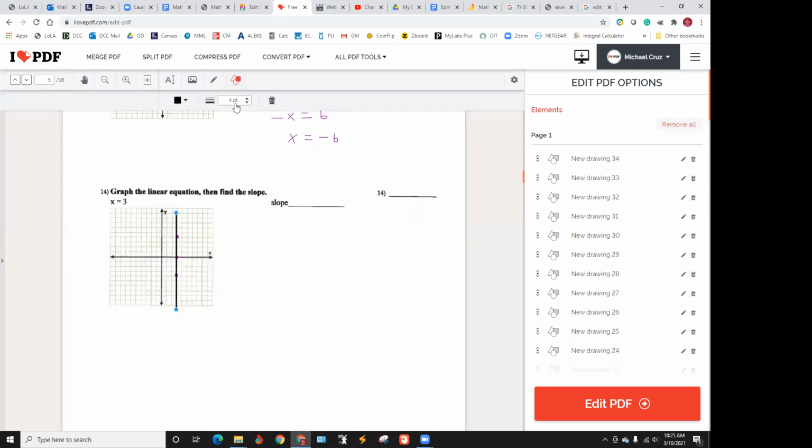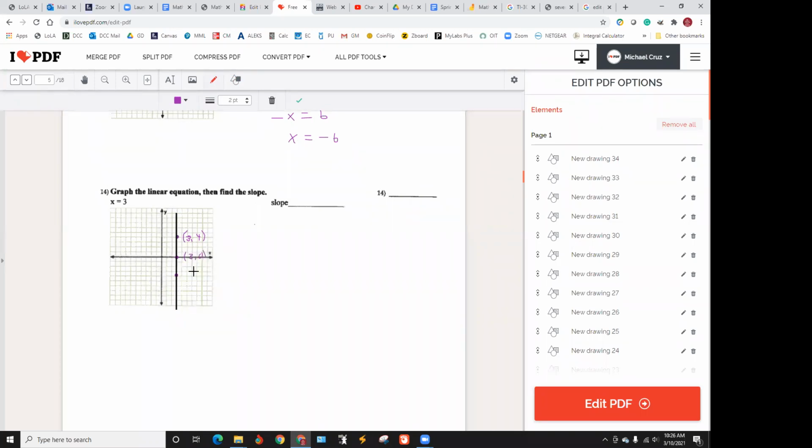So let me just write in here to kind of show you. See, this point right here is 3. And then this is 1, 2, 3, 4. See, it doesn't matter what the y is, the x is always 3.